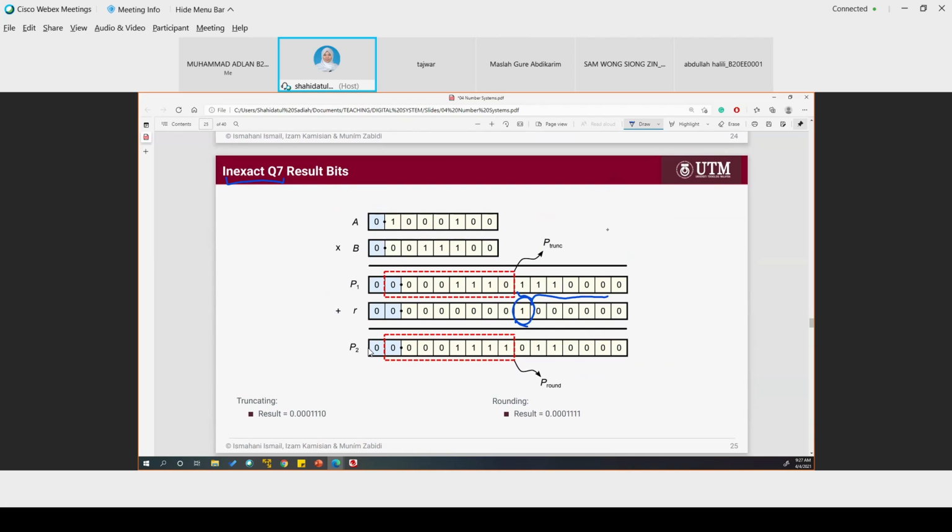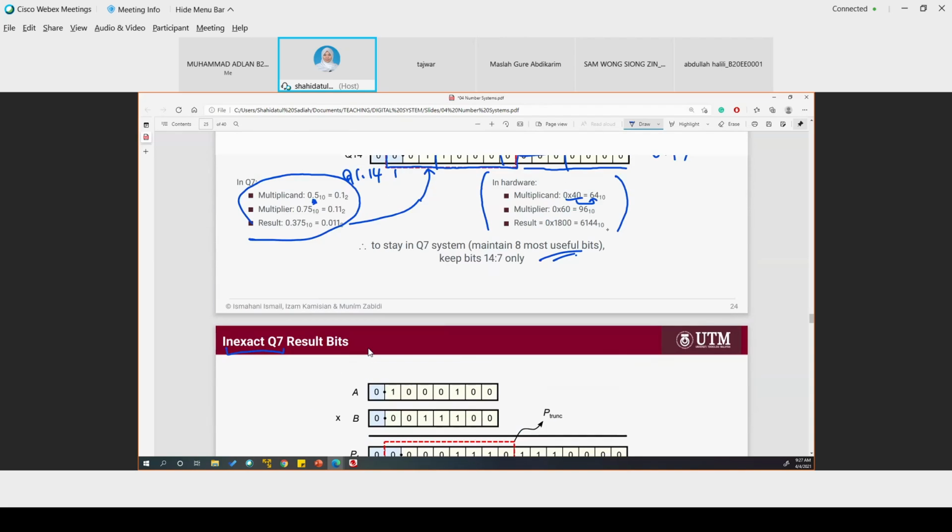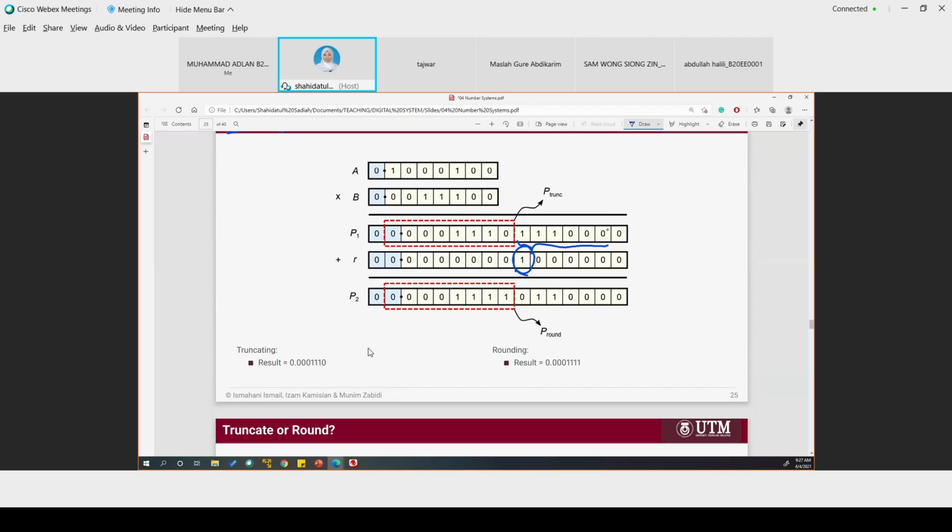This is position 6. So we always add 2 to the power of 6 to the result for rounding.